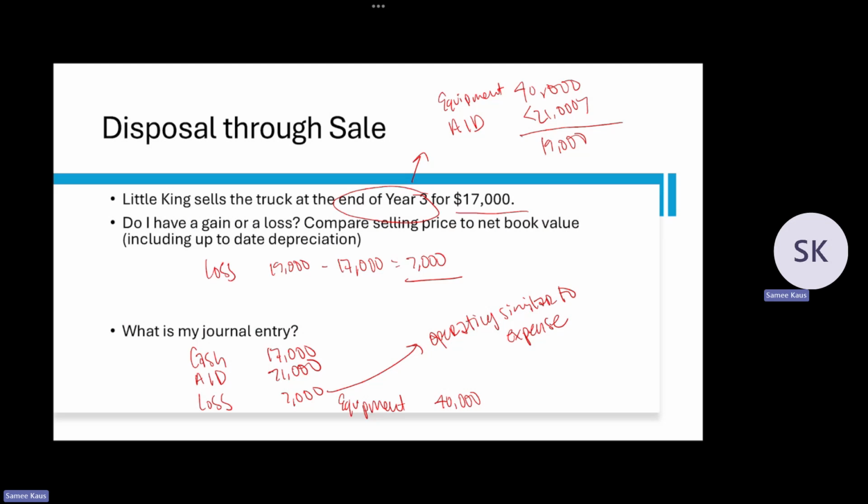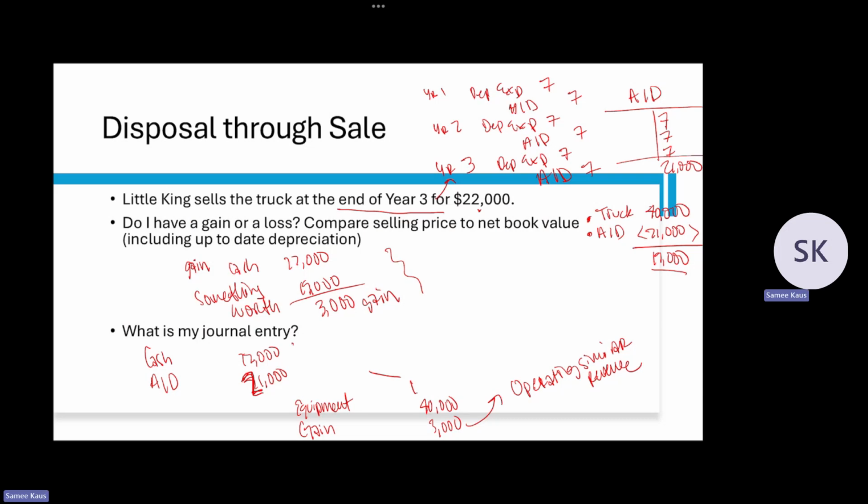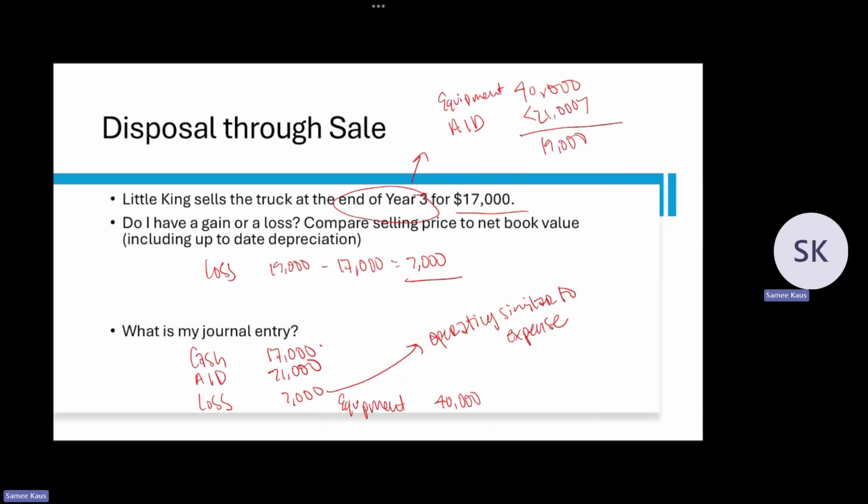It's going to reduce my net income by $2,000 through this process. Okay, so notice the difference here. The only thing that fundamentally changed was the amount of cash that I got. And then that changed whether I had a gain or a loss, because the equipment is on my books for 19,000 regardless of the amount of cash that I'm receiving for it.